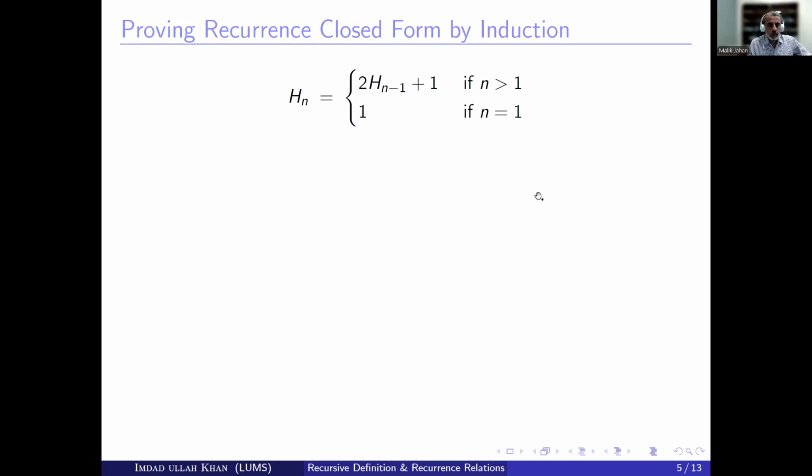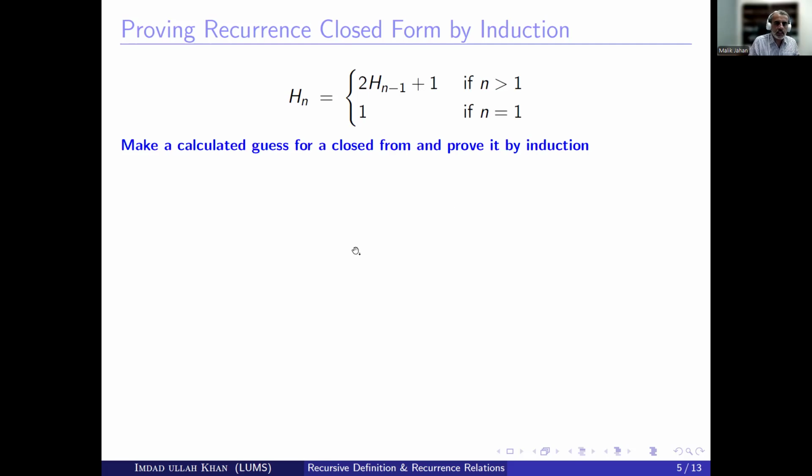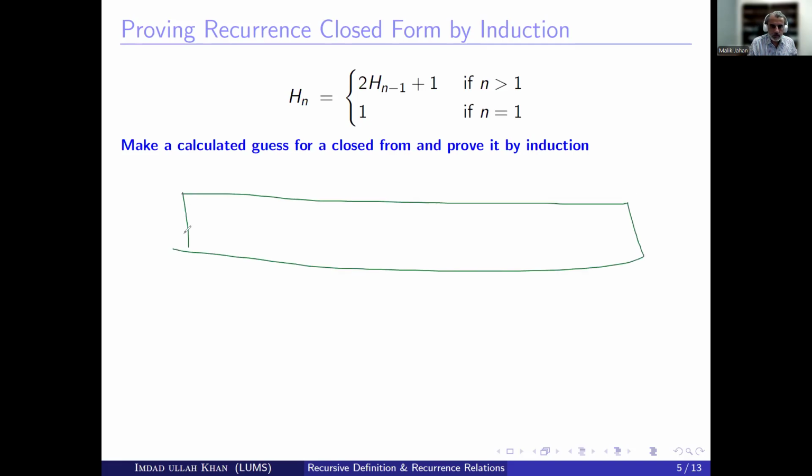So the first step could be to try to make a calculated guess of the closed form. And one way of doing that is to start with a small table, where in one row you write n, and the other row represents hn.